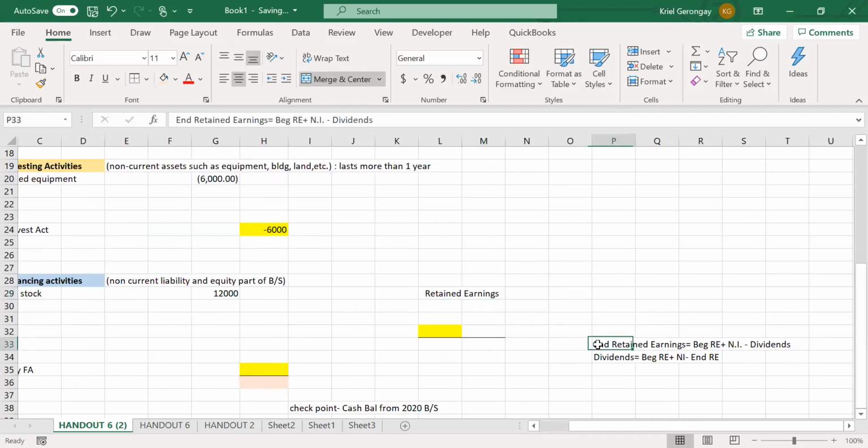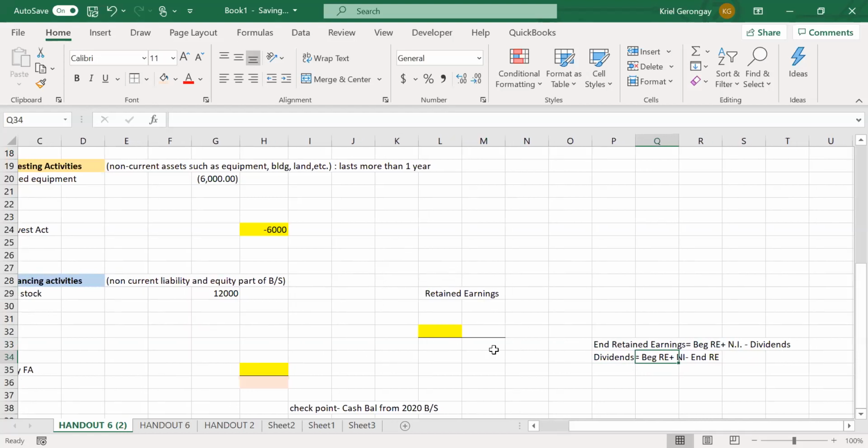As you can recall, to get the ending balance for retained earnings, we have to account for the beginning retained earnings plus your net income minus dividends. Moving around the formula, we get dividends equals beginning retained earnings plus net income minus ending retained earnings.